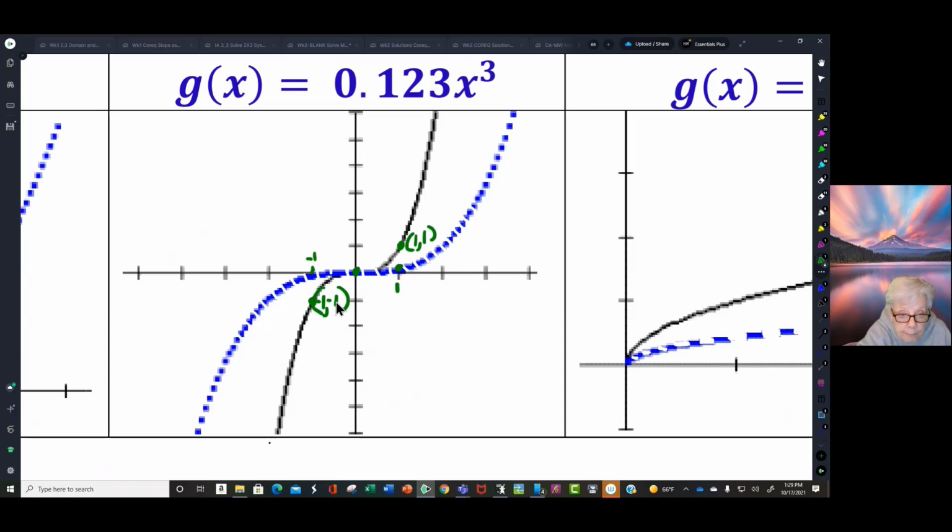And when you multiply -1 by 0.123, you get -0.123. Just a little bit below the x-axis, so you can't even really see it. But as we go along, all of these y coordinates drop. Or here, it looks like they're coming up, but they're all being multiplied by 0.123, which places them closer to the x-axis.